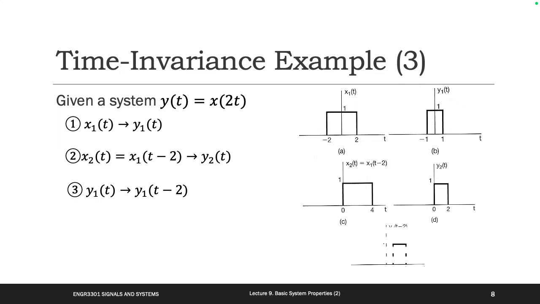Here we got y2(t). Let's try to compare y2(t) and y1(t minus 2). This is y2(t), and this is y1(t), so y1(t) is here, and y1(t minus 2) is here.